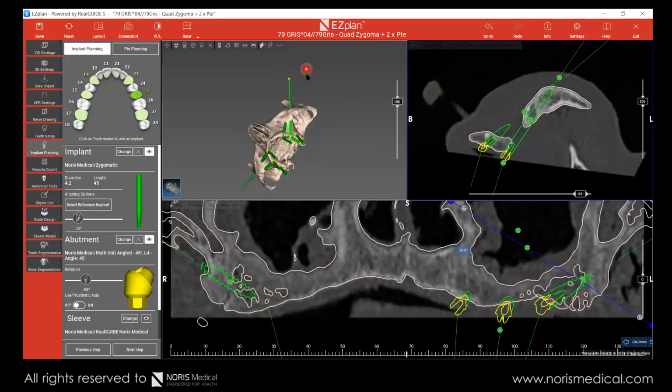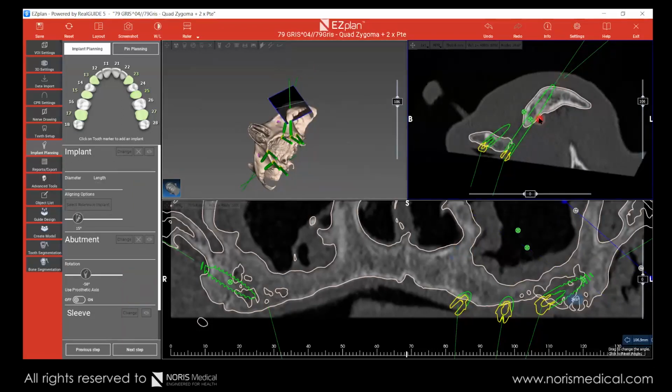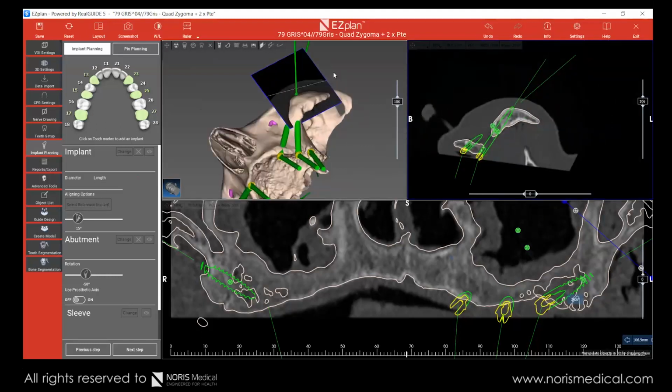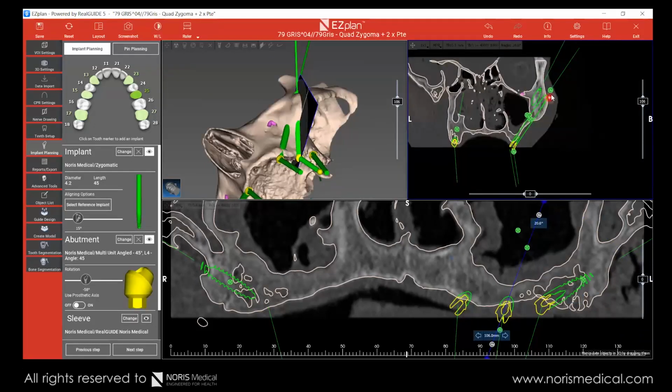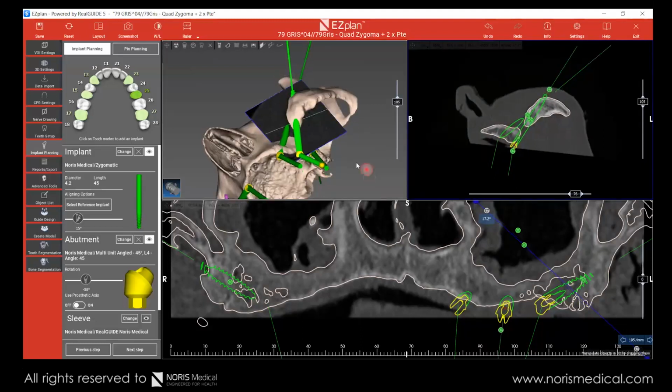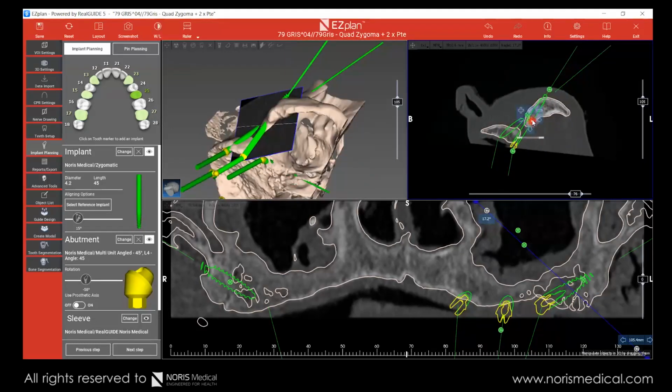Let me just put this on. I want to have the implant this way. That's where I want to have the implant. I'll shorten the implant.